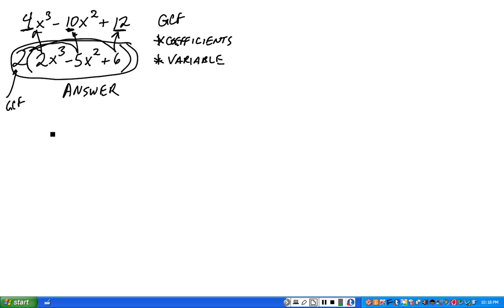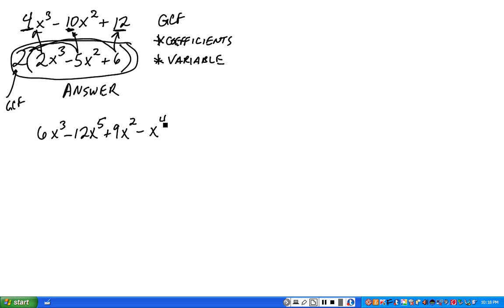Let's say we have 6x to the 3rd minus 12x to the 5th plus 9x squared minus x to the 4th.